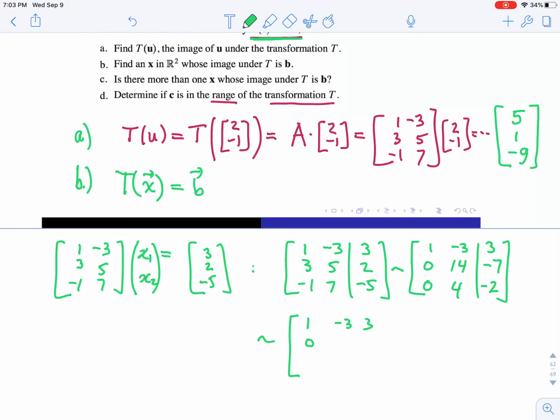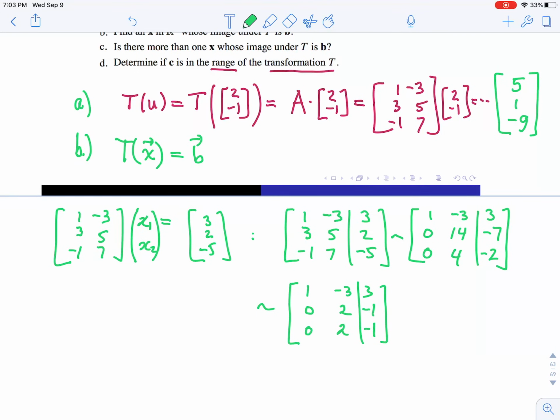I can divide by 7, I guess, and I get 2 and then -1. And then down here I get 2 and -1 again. So I can zero out that bottom row, because I can just subtract it from the middle row. And so I'll do one more step and get 0, 2, -1, 0, 0, 0.